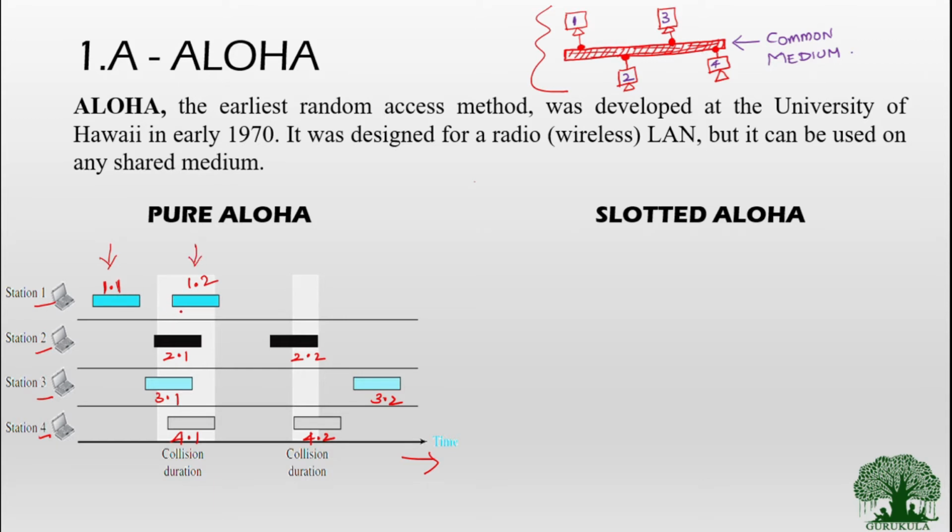At this particular point in time, you can see that station 1 has started its transmission at this point, and then station 2 has started its transmission at this point, and station 3 has started over here.